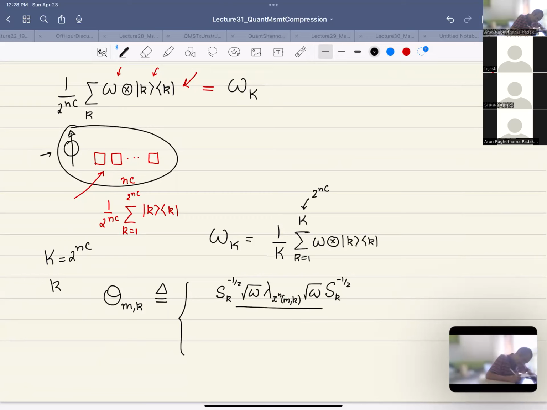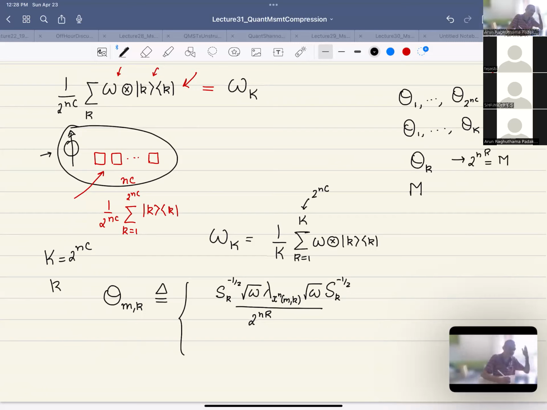So this is m, 2 power nr. m is the number of outcomes of each measurement. Remember, I have a bank of measurements, theta 1 to theta 2 power nc, or I can also call it theta 1 to theta K. If I look at a particular POVM in that bank, it has 2 power nr outcomes, and I call m as 2 power nr, m for message, k for public coins.